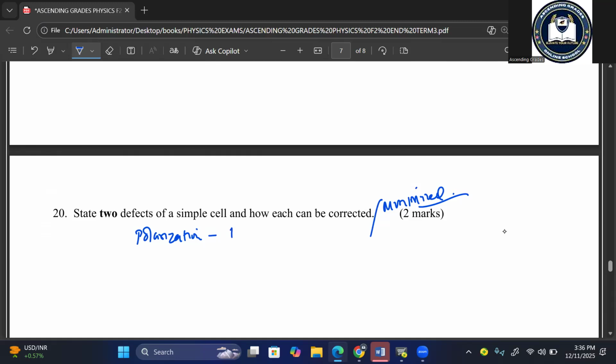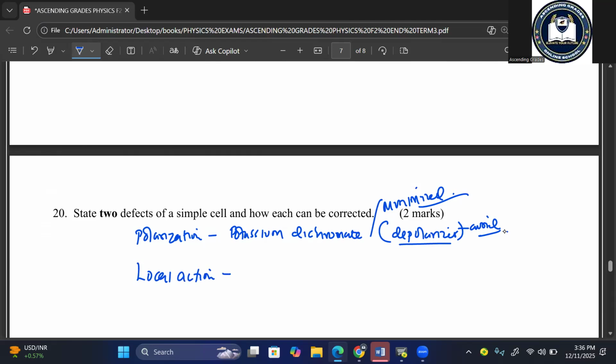So we have potassium dichromate. So if the answer is just that, now you can write the depolarizer. But avoid this. Then we have the local action.